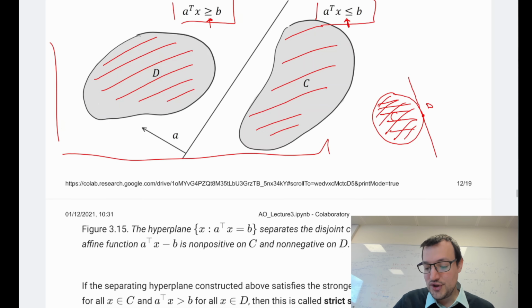But of course, it's actually satisfied with the equal and not strictly, so that means essentially that it's not satisfied strictly. So this is to say that in general, there is not strict separation, but just separation, and that means that the two sets, even if disjoint, may actually touch.